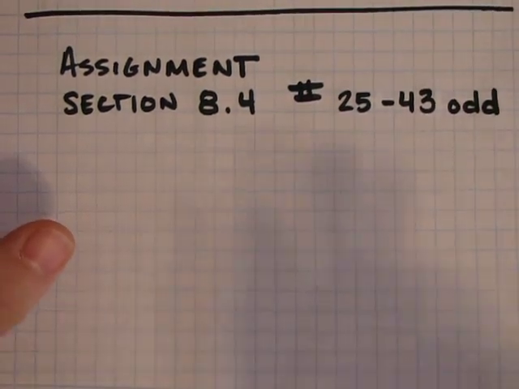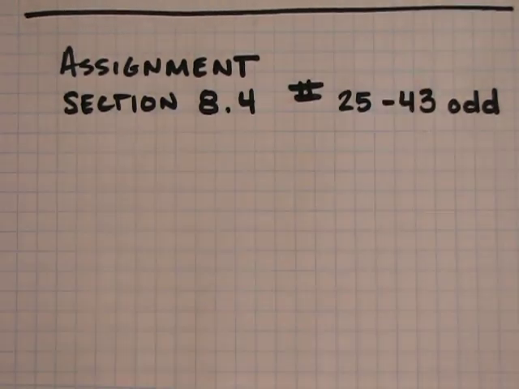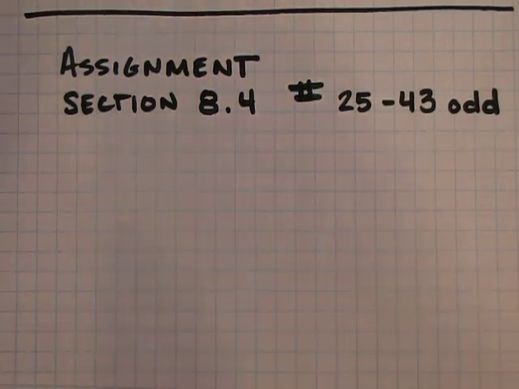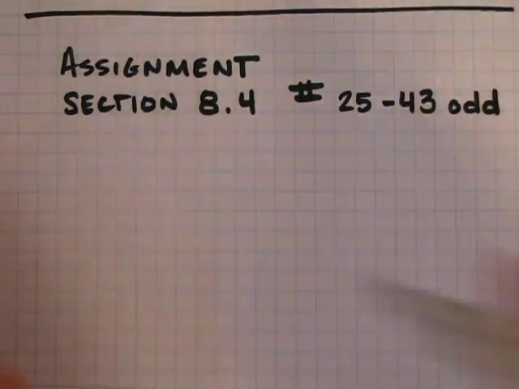What I'd like you to do right now is pause the video for a moment and get your book out, get that assignment written down on a piece of paper, and then open up to the assignment, and I am going to get you started on problem number 39.